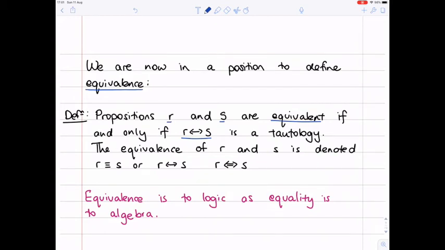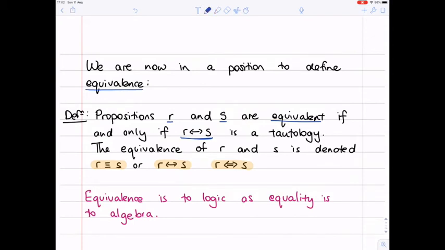So if we take our propositions R and S, whatever they might be, and we check the if and only if table, if that table ends up with ones all down the final column, then we've got a tautology. And we have quite a bunch of different notation. So we've been using 3 lines for equivalence, but sometimes you'll also see single and double-headed arrows being used.